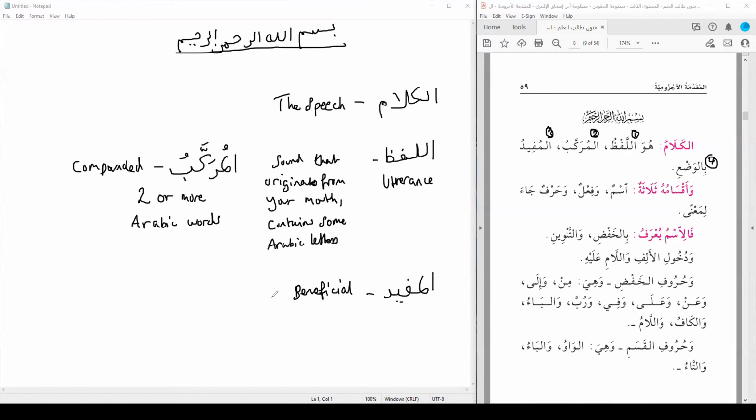For example, if I say the word Aina, Aina means where. If I say Aina by itself, where? Now it is a lafz coming out of my mouth. However, it is not murakkab, number one. It's only one word, not two words.